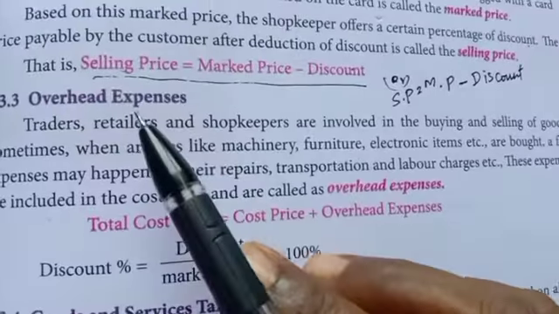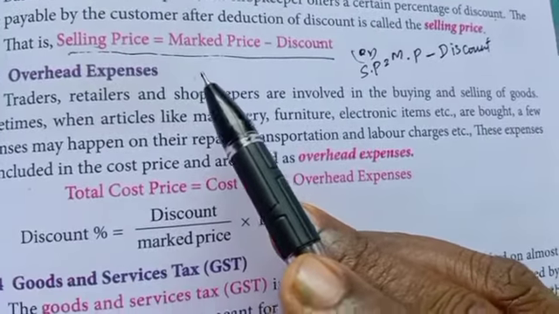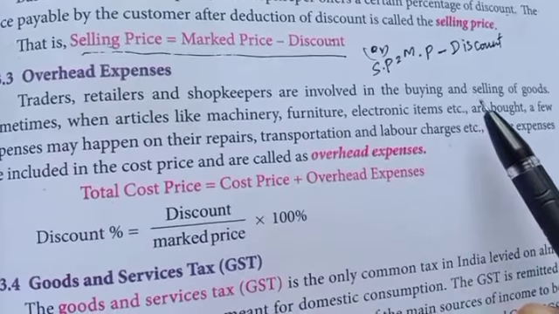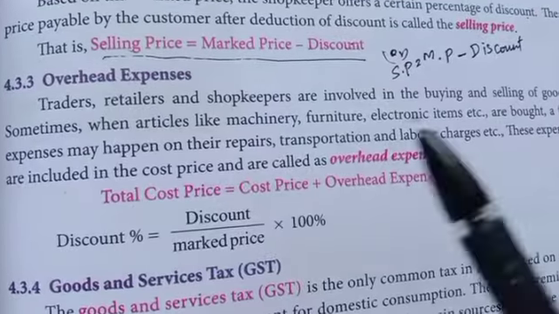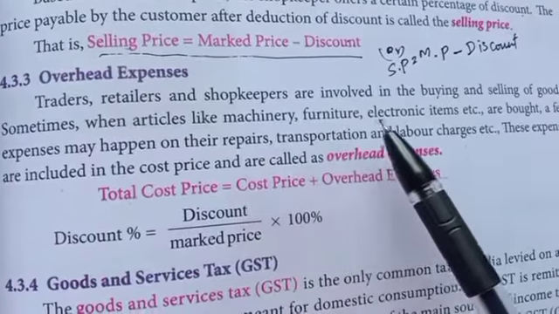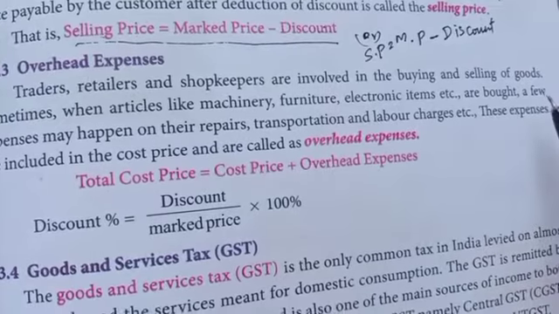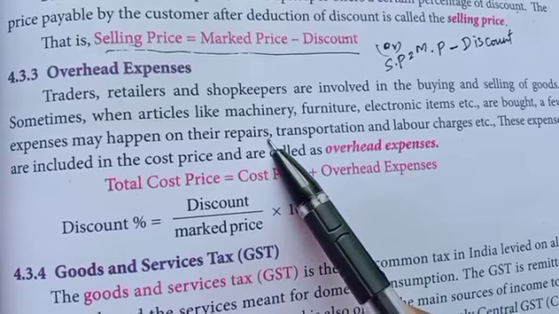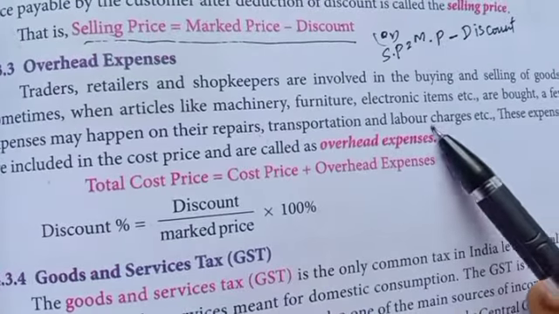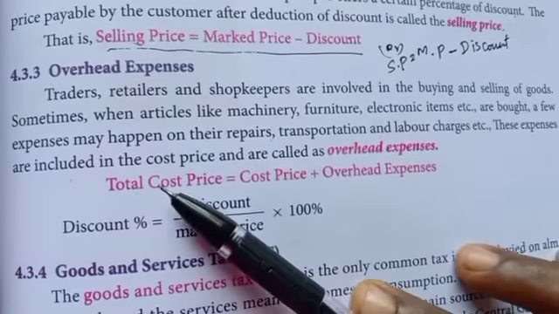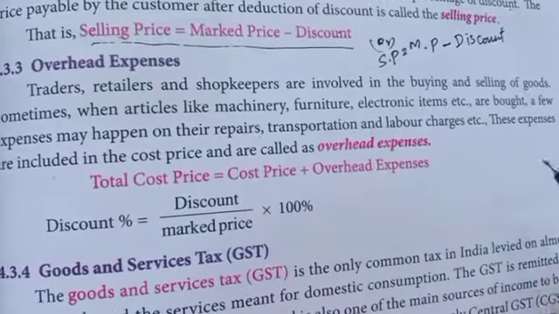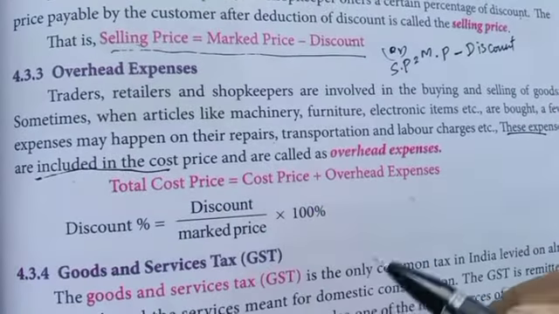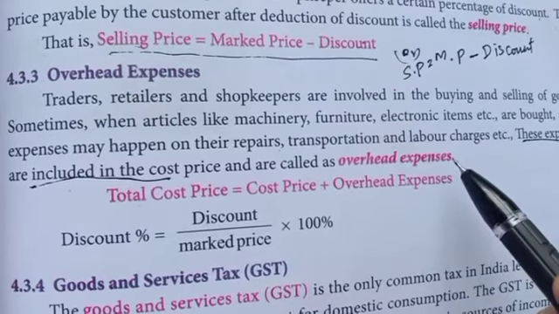Next, you have to know about overhead expenses. Traders, retailers and shopkeepers are involved in buying and selling of goods. Sometimes when articles like machinery, furniture, electronic items, etc. are bought, new expenses may arise on their repairs, such as repair charges, transportation and labor charges. These expenses included in the cost price are called overhead expenses.